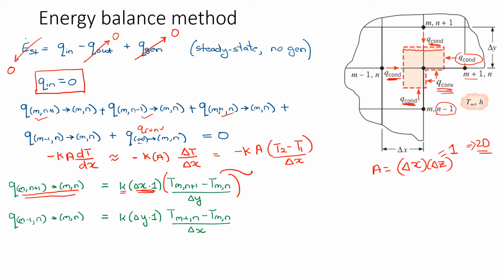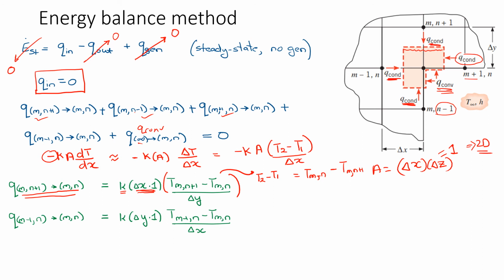So this right here should have been T2 minus T1, which is T of m comma n minus T of m comma n plus 1. But because we had a negative sign in the original Fourier's law, I have flipped these temperatures.